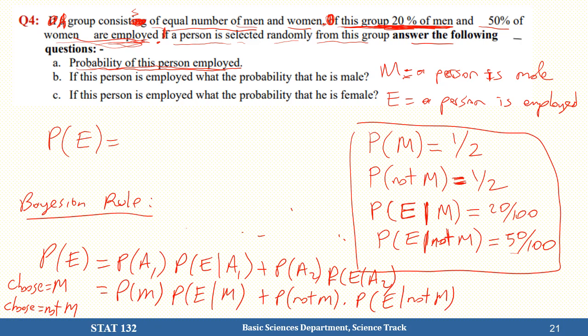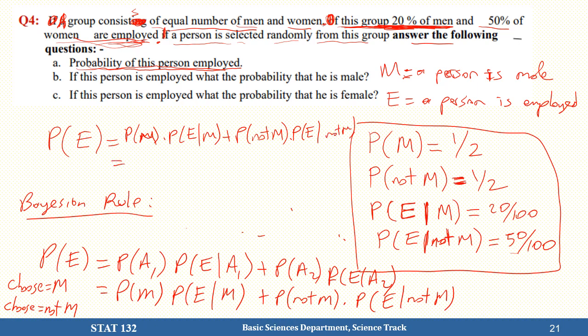Okay, so what is the probability of males? So this is 1 over 2. Okay, I will write them here. So the probability of male M times the probability of employed given that male, plus the probability of not M, so that means female, times the probability that employed given not male.